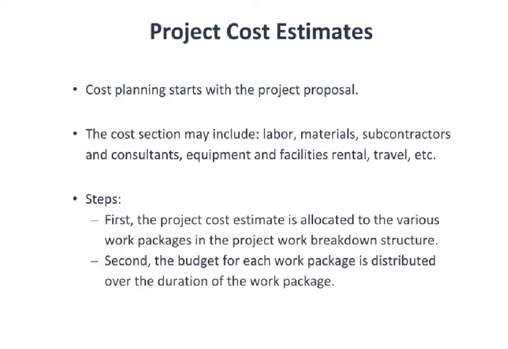Then we get to the second step. The second step is that we then distribute that cost out over time. Now let's think about that for a second. Let's say we have an activity on the network diagram that's going to take 15 days to complete, and it's going to cost $15,000 to do, according to the baseline plan. 15 days, $15,000.